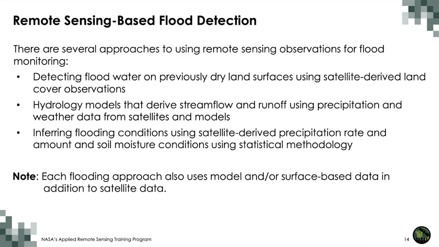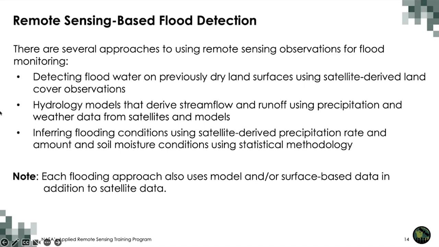Another approach is to use a hydrologic model and derive stream flow and runoff using precipitation and weather data from satellites and models as inputs. Third approach is a purely statistical model or methodology, which infers flooding based on satellite-derived precipitation rates and amount and soil moisture.